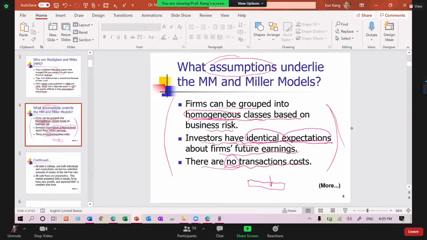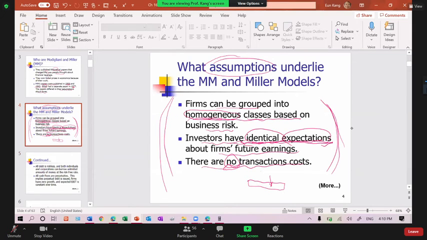If they have different expectations, what happens, right? If there is transaction cost, what happens? Later papers examined those ones. So they set the stage for further research.